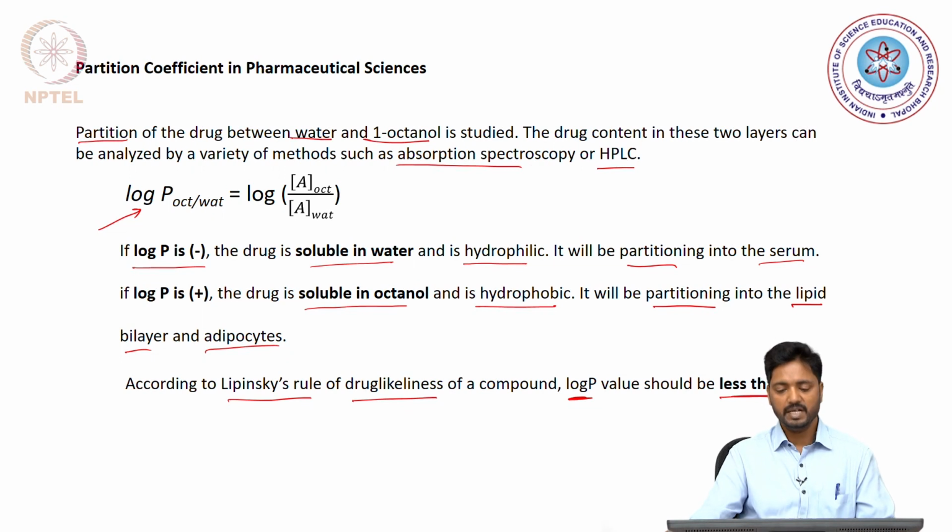That means it should not be too soluble in the hydrophobic or the lipophilic environments of the body, because under those conditions its absorption and distribution in the body will become rate limiting, and if the drug is not absorbed well, the effectiveness of the drug will be compromised.